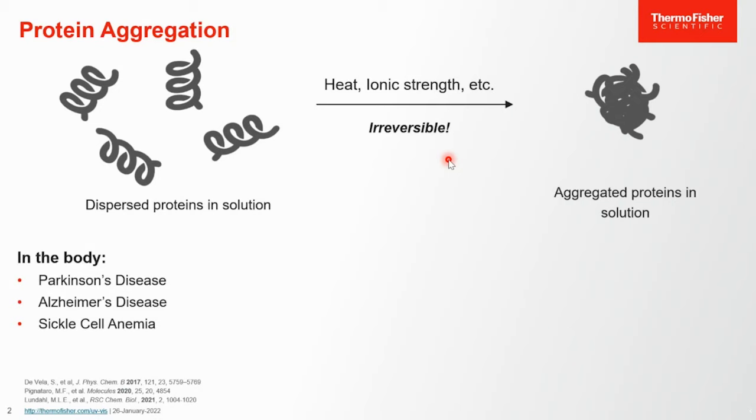Now, in the body, the presence of aggregated proteins has been linked to Parkinson's disease, Alzheimer's, and sickle cell anemia, among other diseases. But if we think more of a pharmaceutical perspective, protein therapeutics can see product yield losses with the presence of these aggregates in solution. And these product yield losses can also further produce efficacy reduction losses.